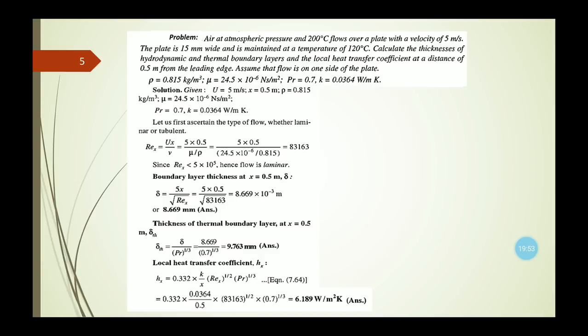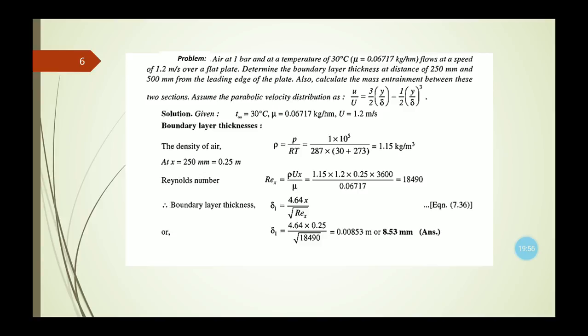Let us move to the next numerical. This is also a similar type of numerical, but here the velocity distribution equation is given. So corresponding to this velocity distribution equation, we will consider its boundary layer thickness formula. In the question it is given that air at 1 bar and a temperature of 30 degrees centigrade, where the dynamic viscosity is 0.06717 kg per hm, flows at a speed of 1.2 meter per second over a flat plate.